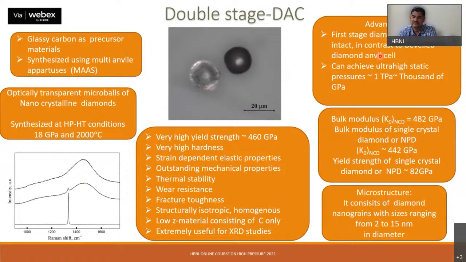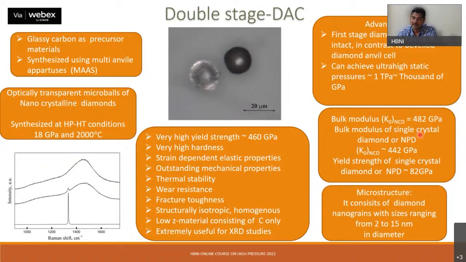But in these cases, your first stage diamond anvils remain intact in contrast to beveled diamond anvils. And using these double stage diamond anvil cells, you can achieve ultra high static pressures in the range of 1 terapascal.